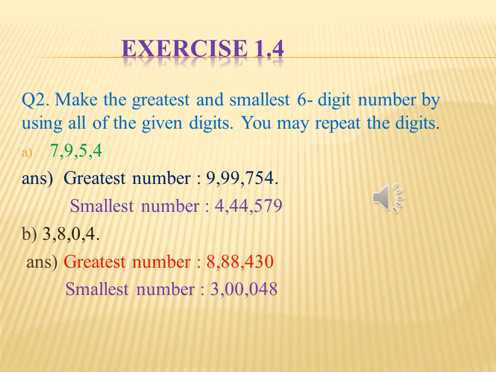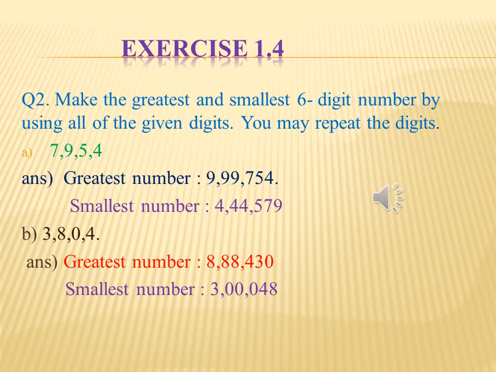For finding the greatest number, we need to repeat the greatest digit three times. The greatest digit here is 9. So we'll write the number as 999,754. So separating the number using commas, we'll get the number as 9,99,754.